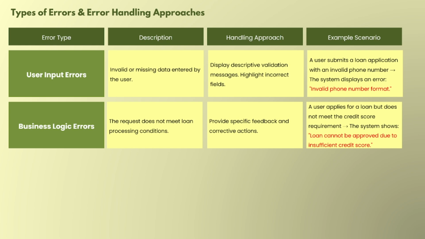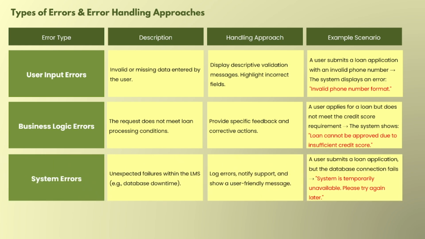We are getting the response from the credit bureau that this particular person does not have a good enough credit score, so the loan cannot be approved due to insufficient credit score. So now the customer comes to know that okay, the loan is rejected. The reason behind the rejection is also given, that you don't have the credit score. So next time maybe that customer gets wise and improves his or her credit score. I'm just kidding. The purpose was not to increase the credit score, but yes, the customer comes to know the reason behind it.